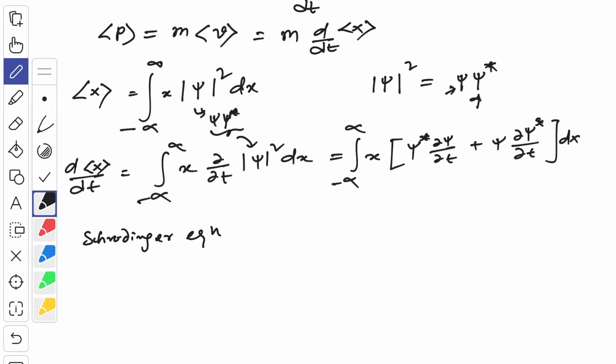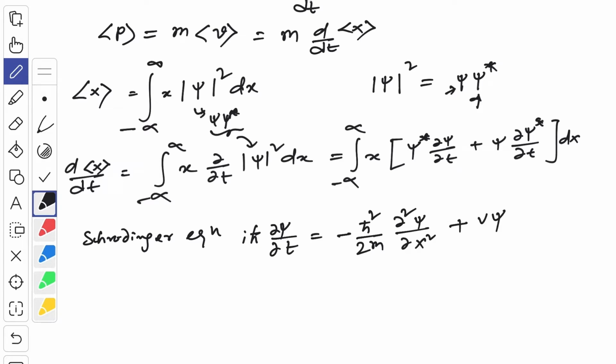It is given by i h cut del psi by del t equals minus h cut squared by twice m times the second order partial derivative, plus V into psi. Here V represents the potential. Suppose this is equation number 1.